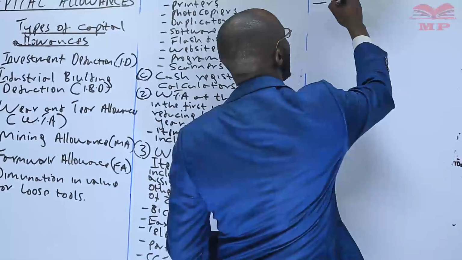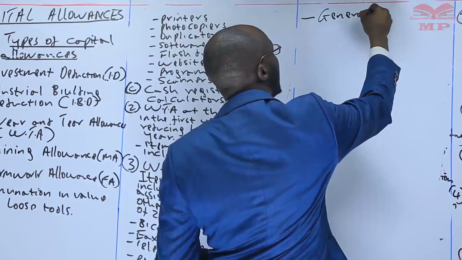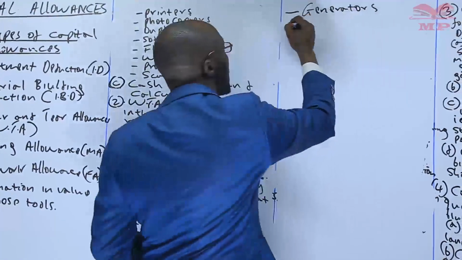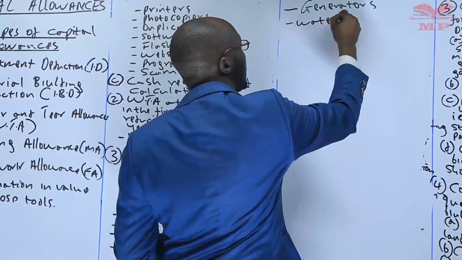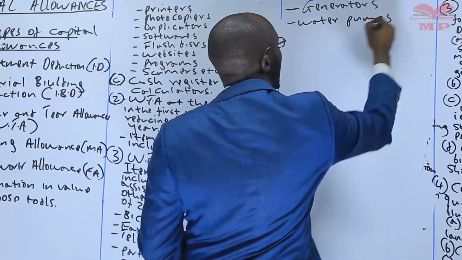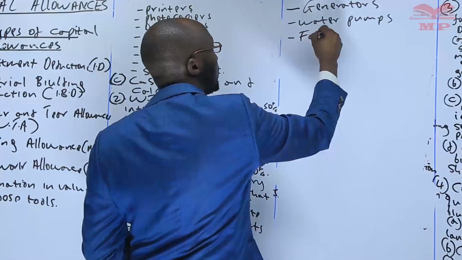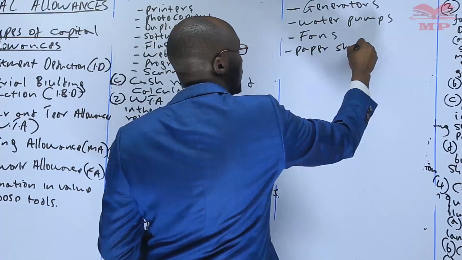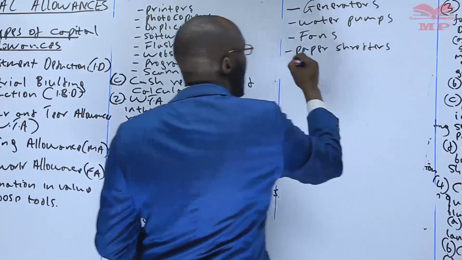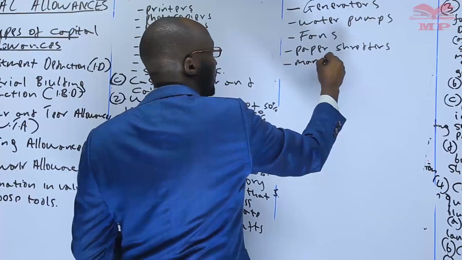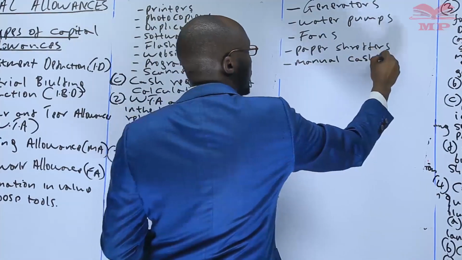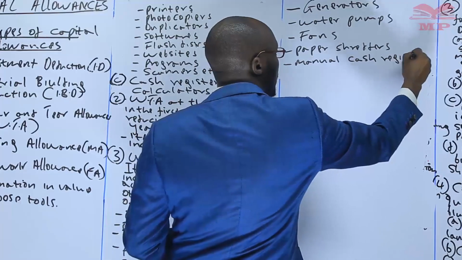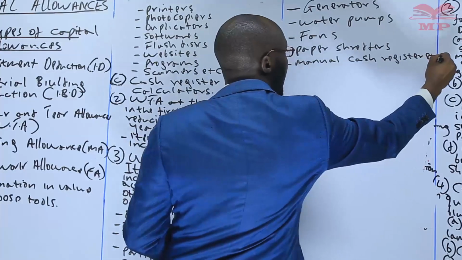We have another one, generator, water pumps, fans, paper shredders, manual cash register, etc., among any other.